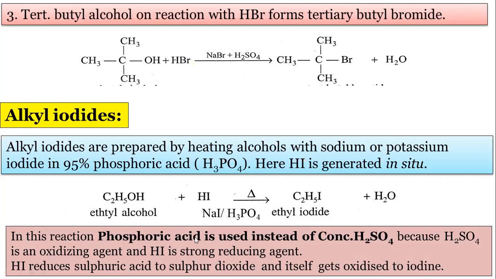In this reaction, phosphoric acid is used instead of concentrated H2SO4, and this reason is very important, because concentrated H2SO4 is an oxidizing agent and HI is a strong reducing agent.